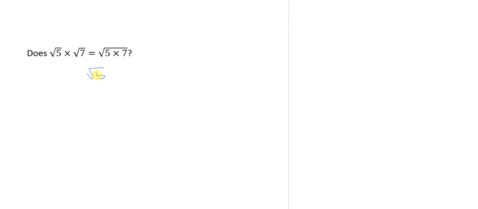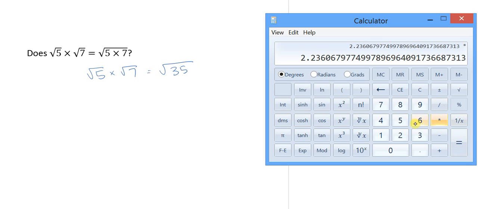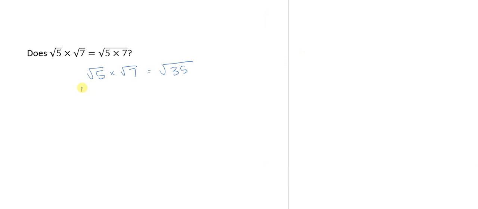So we have root 5 times root 7 equals root 5 times 7, which equals root 35. Open up our calculator, have a look at this. We have root 5 times root 7. So if we do the square root of 5 times the square root of 7, this equals 5.916.